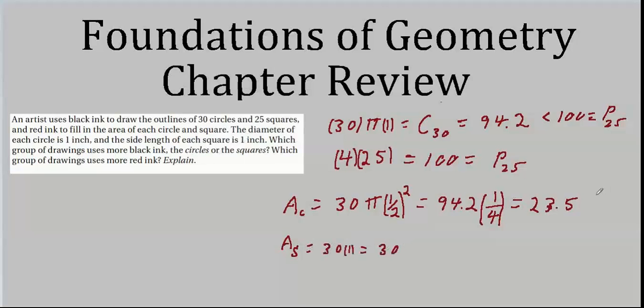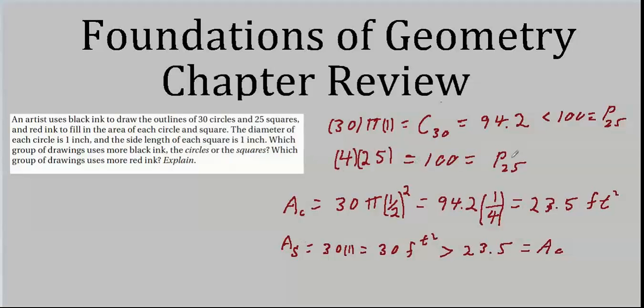And this is feet squared. 30 is greater than 23.5, which was the area of the circles. So we use more red ink on the squares, and we use more black ink on the squares.